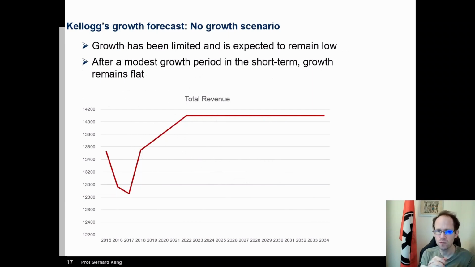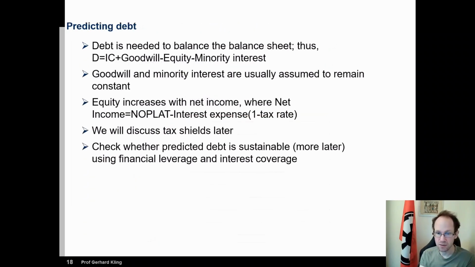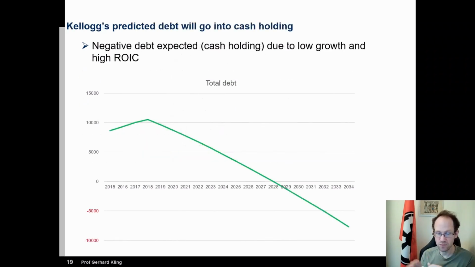Just an example now for Kellogg's. I think it's plausible to assume that you don't have a high growth company in this case. The main value driver in Kellogg's is, of course, profitability, which seems to be quite stable in this particular case. And also because of high profitability and low growth, you don't need much money, which means if you do a debt forecasting, you quickly actually get rid of debt.